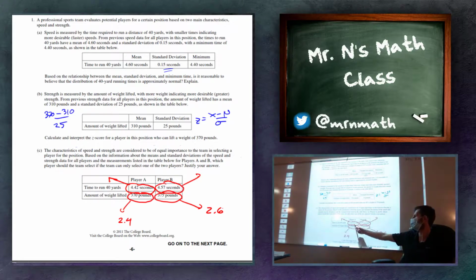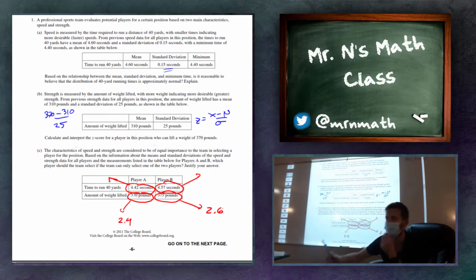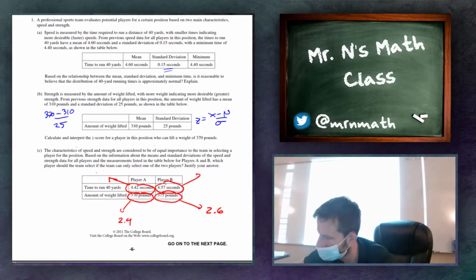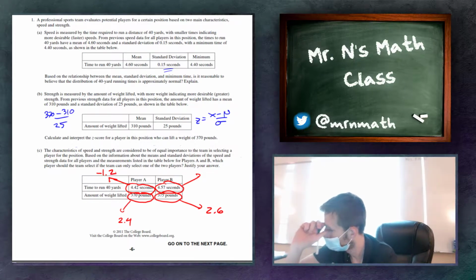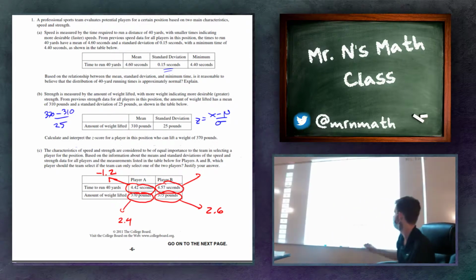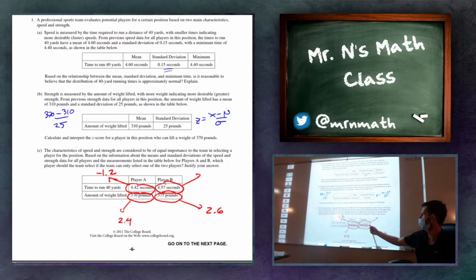What about the z-score for player A's time? Negative 1.2, you said? And what about this one? Negative 0.2?